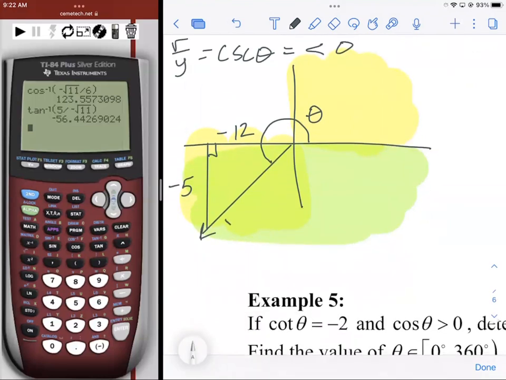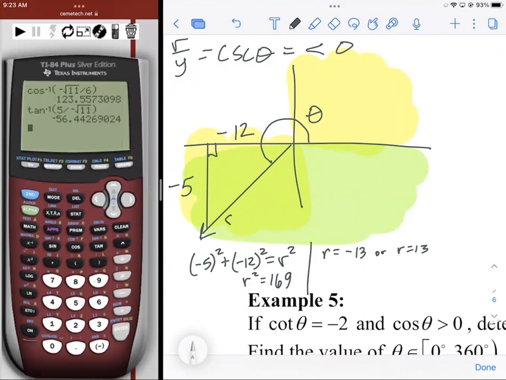Now we're going to find R, and by the Pythagorean theorem, -5 squared plus -12 quantity squared equals R squared. So R squared equals 25 plus 144. That's 169. So when I take the square root, I know R is either -13 or +13.